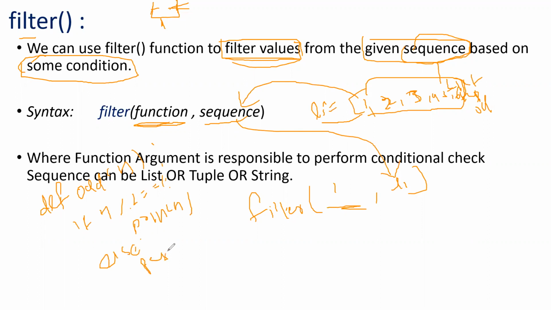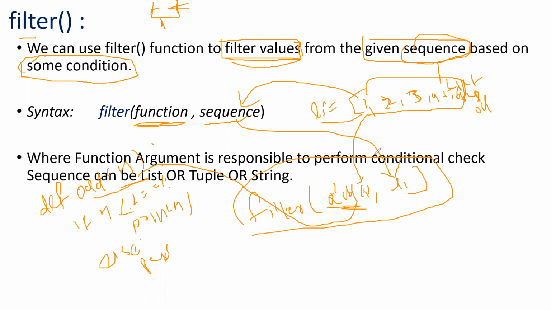This is the condition, so this is odd. Now I'm going to pass some values. Each and every value will go through this one, it checks, and then it filters.